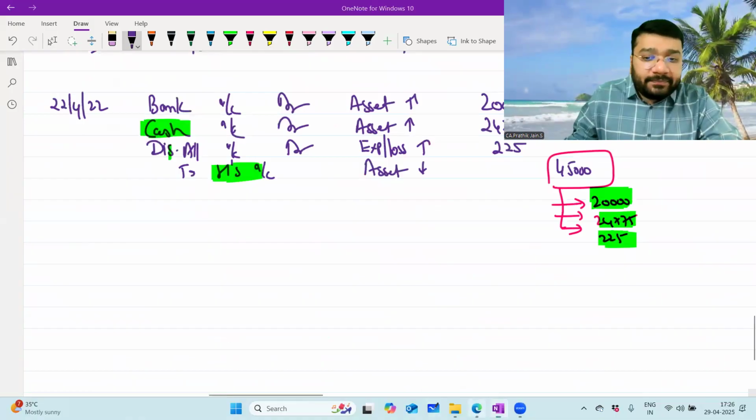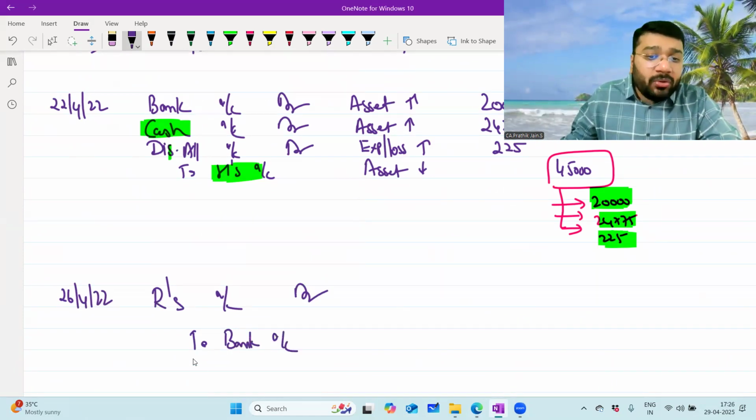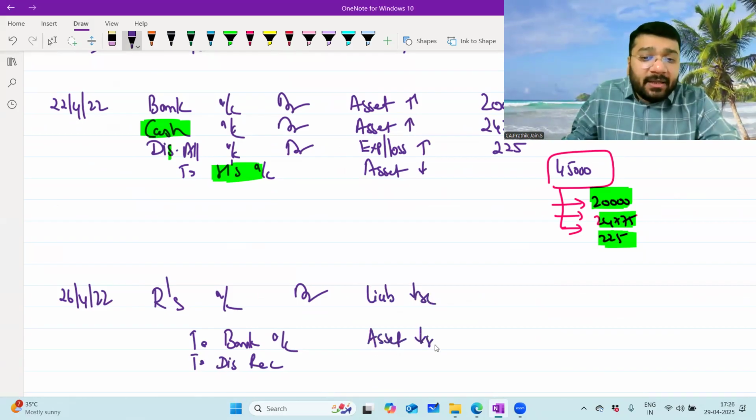What is the date? 26 April 22. R's account debit to bank account, because the payment is done through check, to discount received. R is liability, and here upon the payment the liability is decreasing. Bank is asset. Upon making the payment the balance is decreasing.